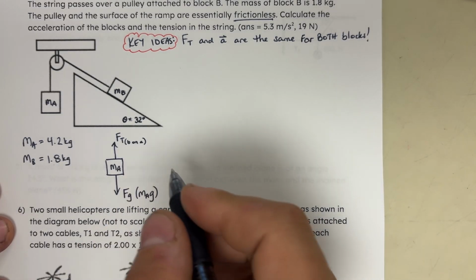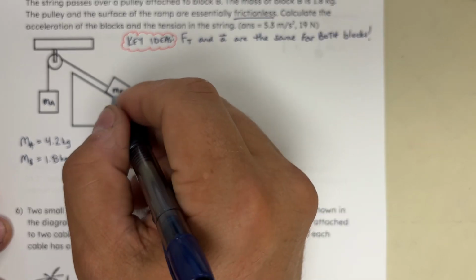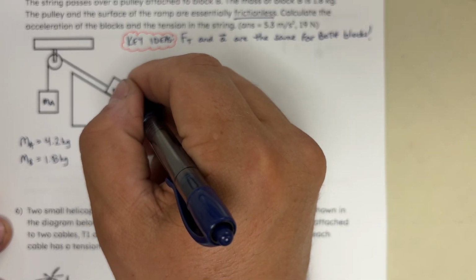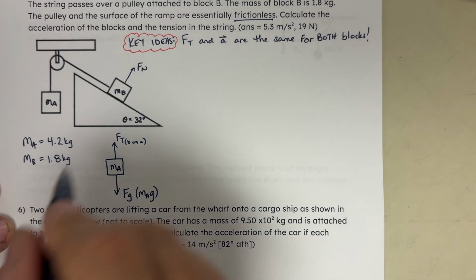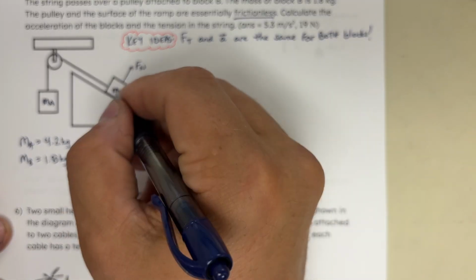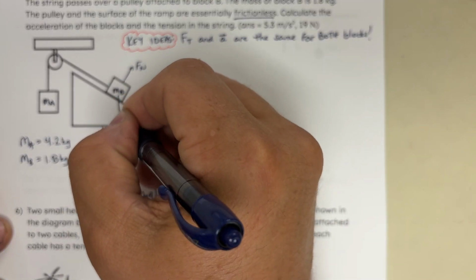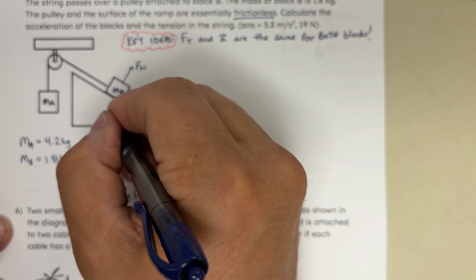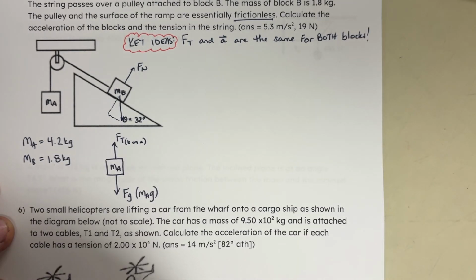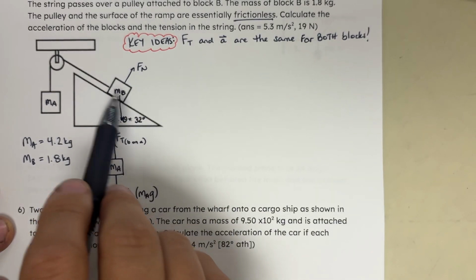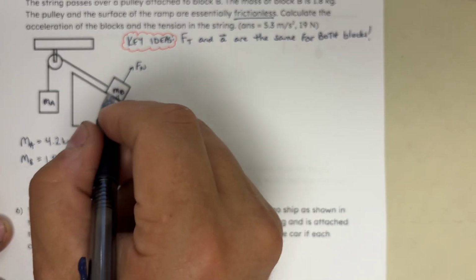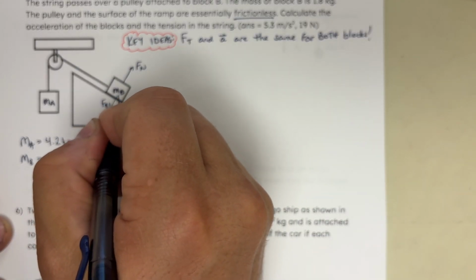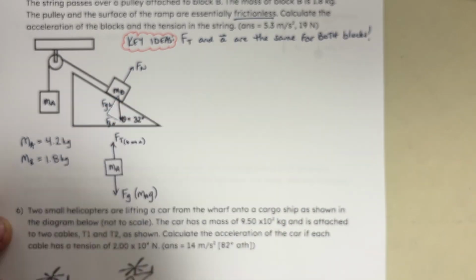So when we draw all of our little things for mass B, just remember that we're going to have our normal force right here, and we're going to have our force of gravity going straight down here, and then we're going to have our components as well. Okay, now it is frictionless, so we don't have any friction going the other way. And let's see, is there anything else there? No, I don't think so. Okay, so this is the Fg perpendicular, and this is the Fg parallel.